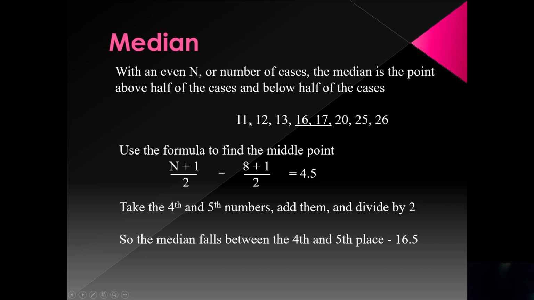So there is no 4.5th position on this line. So what you have to do is take the 4th and 5th numbers, add them, and divide by 2. So we add 16 and 17 and get 33. And if we divide that by 2, then we get 16.5. And that is the median, in this case, when we have an even number of cases.